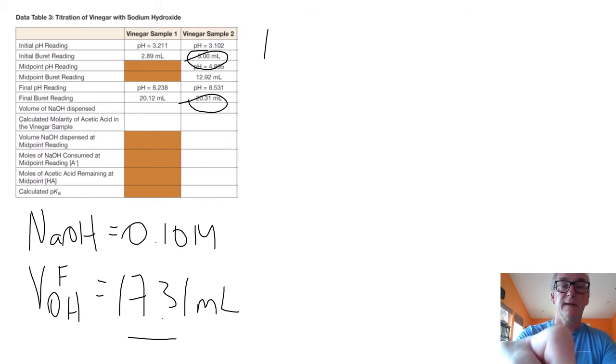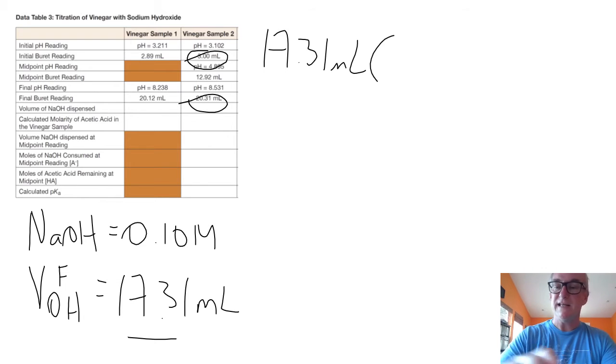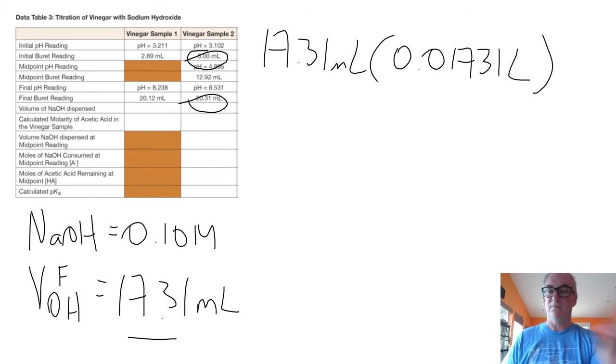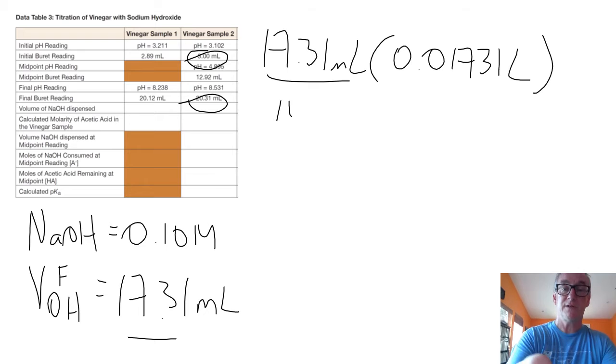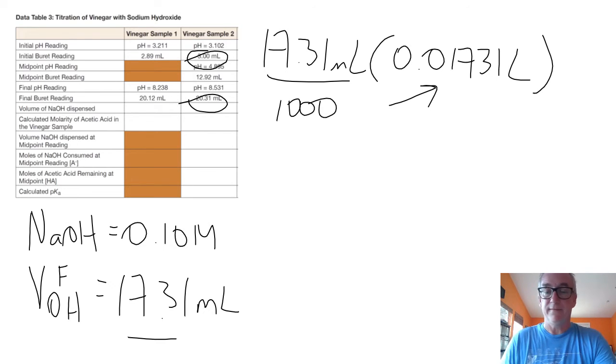So 17.31 mL is equal to 0.01731 liters, right? Because there's 1,000 mL in a liter. So if we divide this by 1,000, that's the number of liters we have.